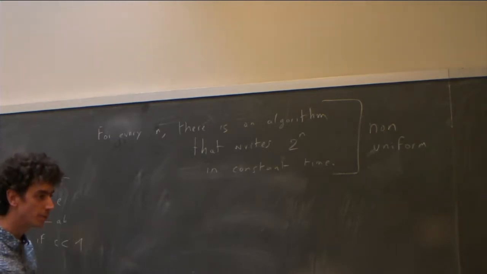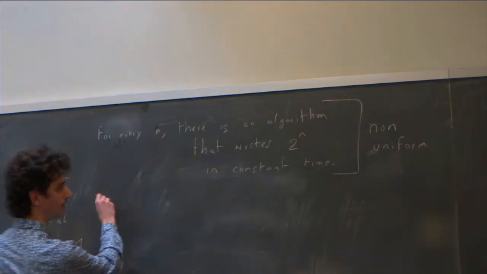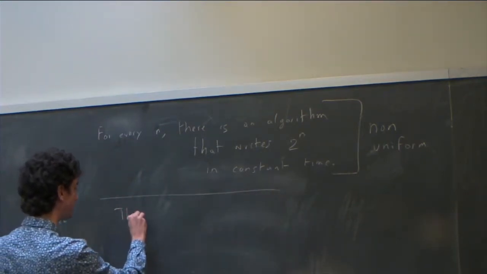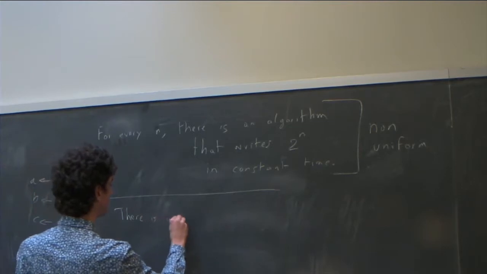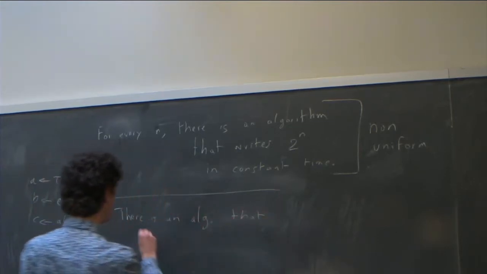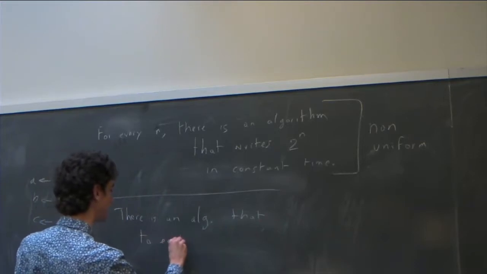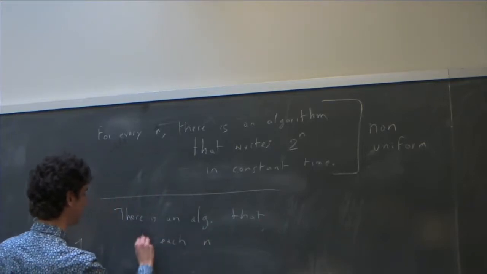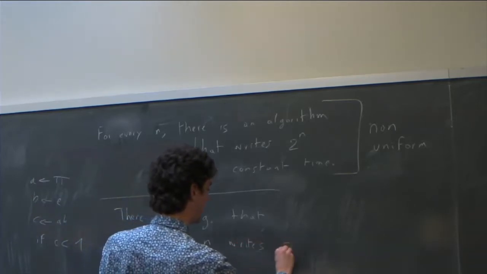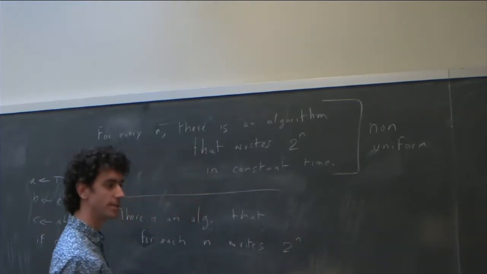But what we really meant by computing 2 to the n is not this. What we meant is there's an algorithm that for each n writes 2 to the n, but there's no way you can write it in constant time.